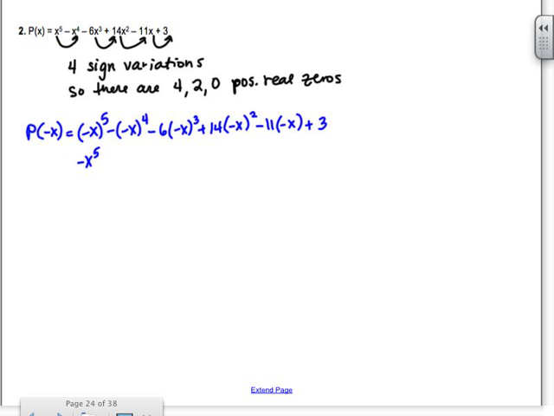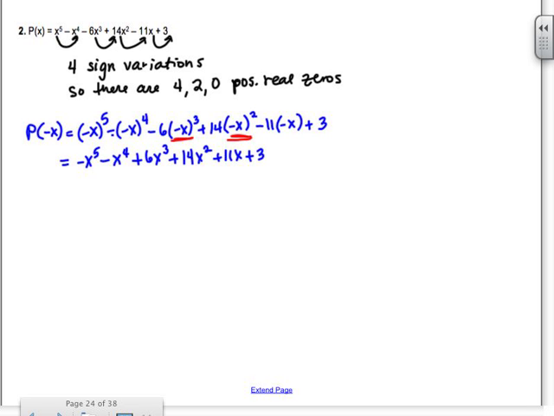It's negative in the end. Negative x to the fourth would be positive, but then you have that negative out front, so it's negative. Negative x to the third is negative, so you'd have a negative times negative 6, so you'd get positive 6x cubed. Negative x squared is just x squared. So you get plus 14x squared. Negative 11 times negative x is plus 11x, and then plus 3.